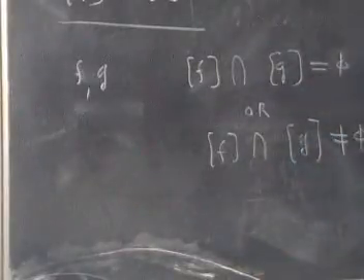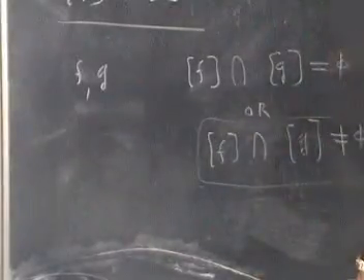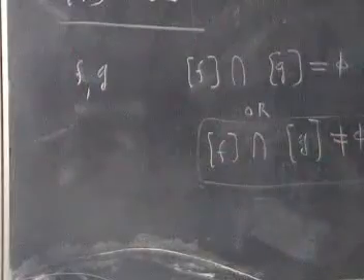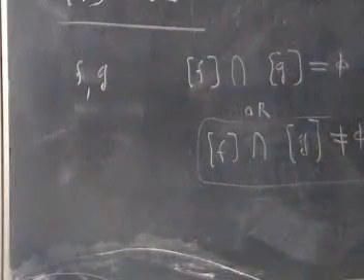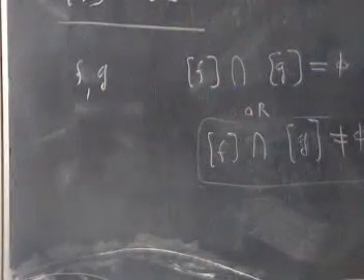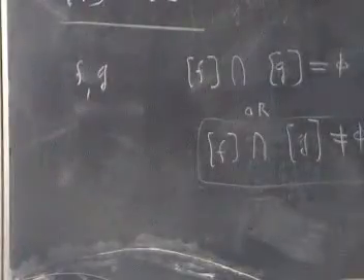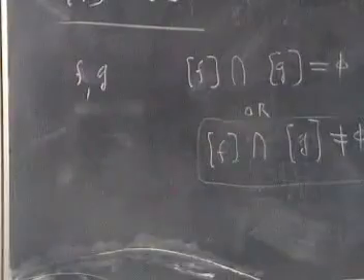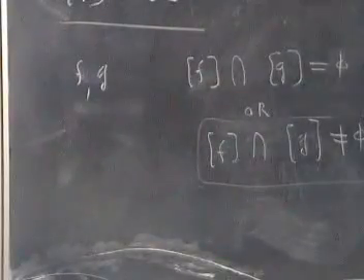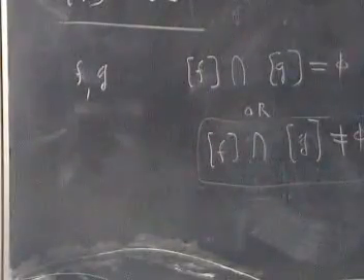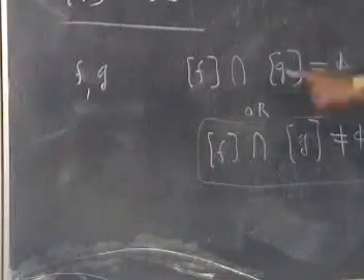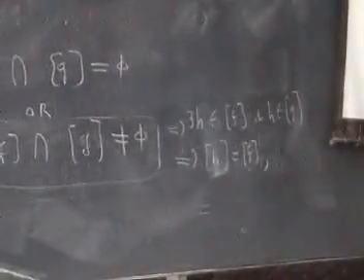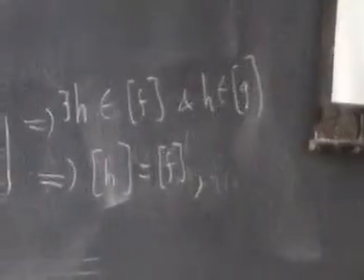Now what happens in this case? This means there exists an H which belongs to the class of F and H belongs to the class of G, because there is a fellow who is common to both of them. But since H belongs to F's class, the equivalence class generated by him must be the same as F's. If you take somebody from that box and look at the box generated by him, it is the same box.